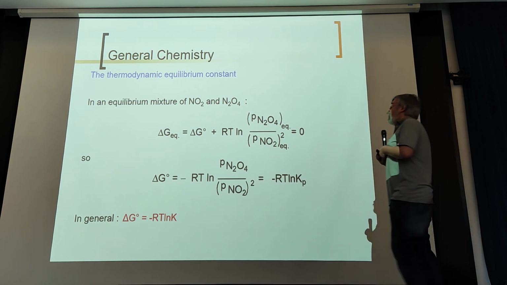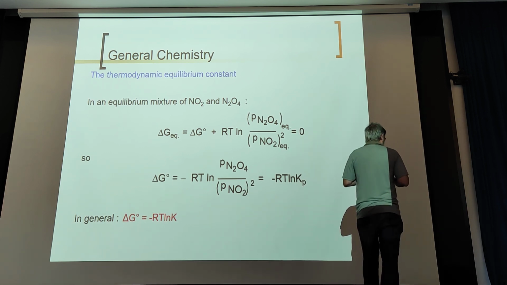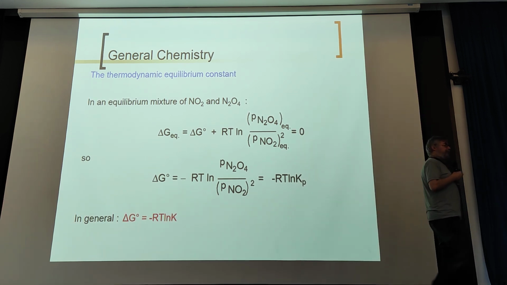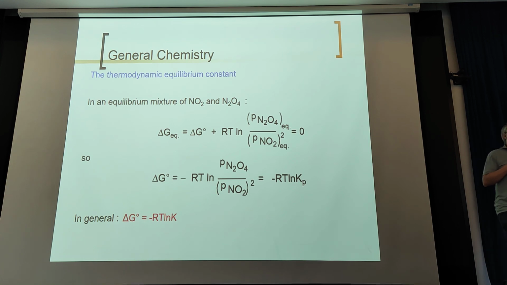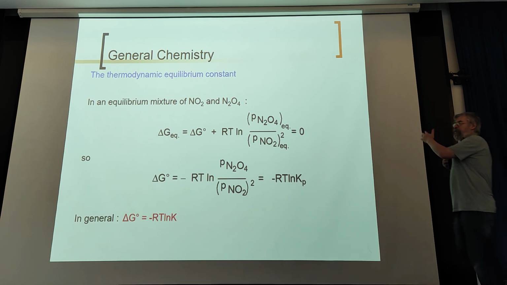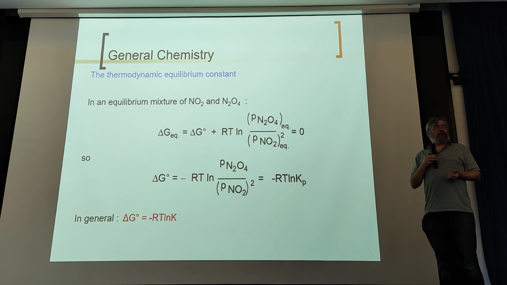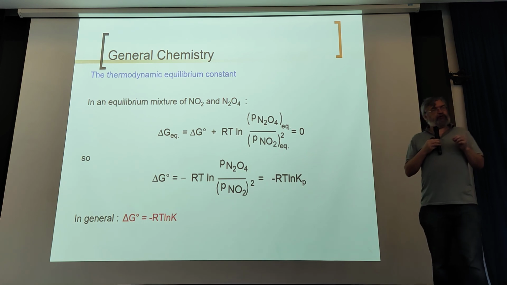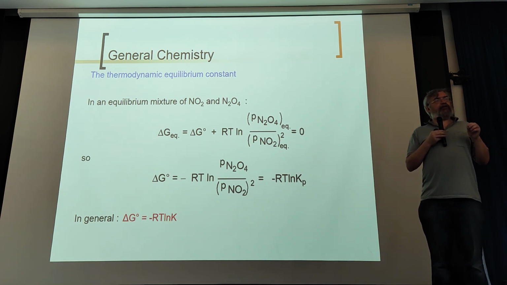So we can say that delta G is going to be 0 at equilibrium. And we also know that the general expression is delta G standard plus RT and then ln Q. Now we fill in the concentrations, and these are equilibrium concentrations. So it's no longer ln Q, but it's ln K.